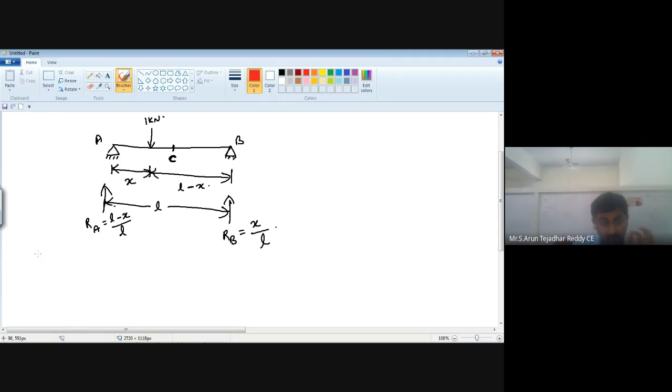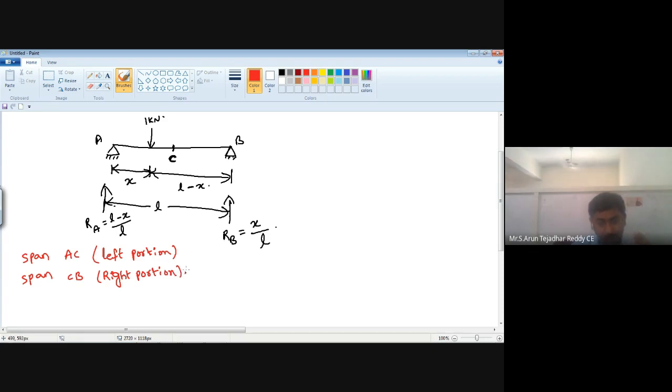First of all, span AC, that is the left portion. Already I told you in this diagram we have two portions. Span AC is the left portion, and span CB or else BC is our right portion.